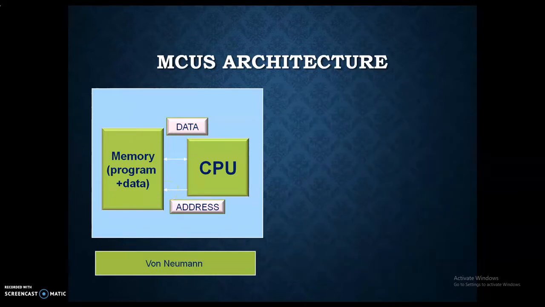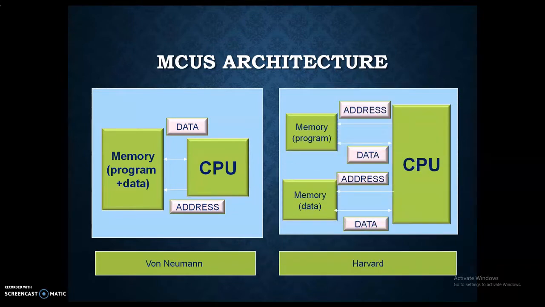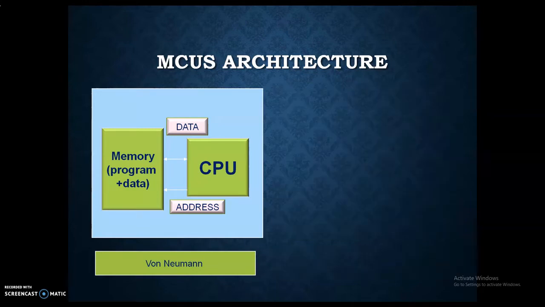So at a time, data memory and program memory cannot be accessed by the CPU. Whereas in the Harvard architecture, the program memory and data memory are different. As the memory segments are different, if the CPU requires the data memory and program memory at a time, that can be done by this Harvard architecture.